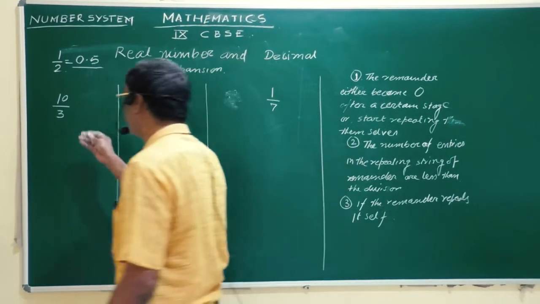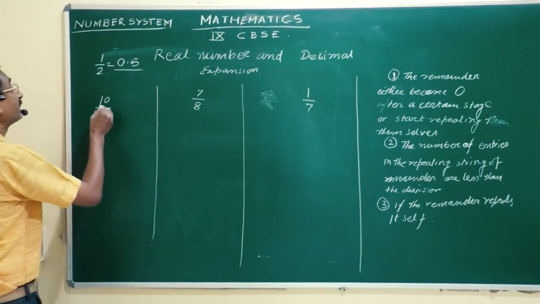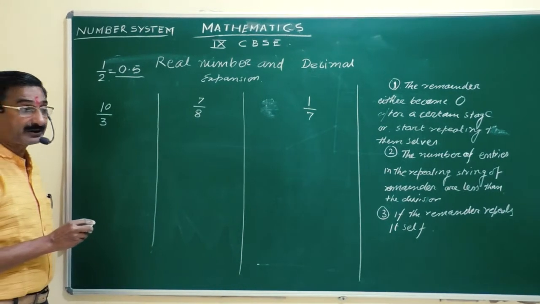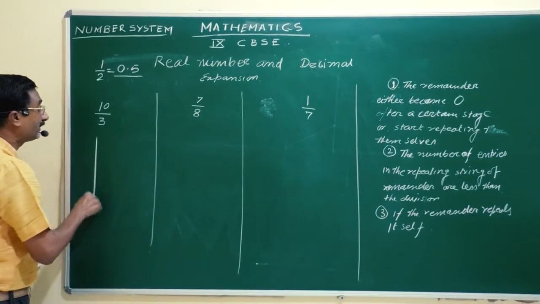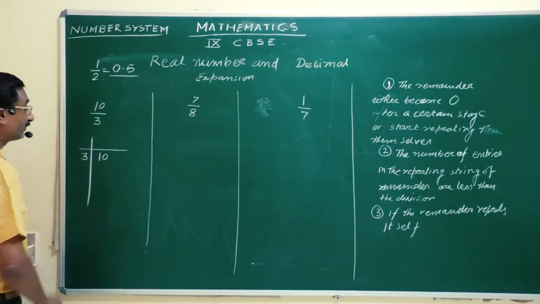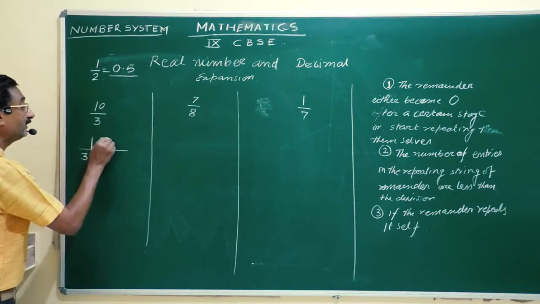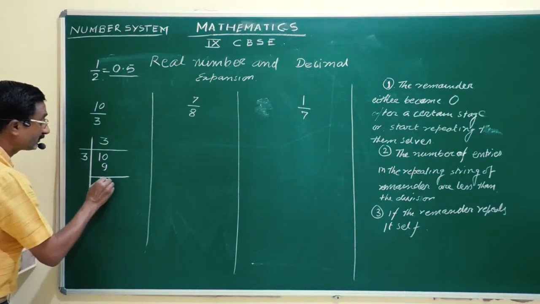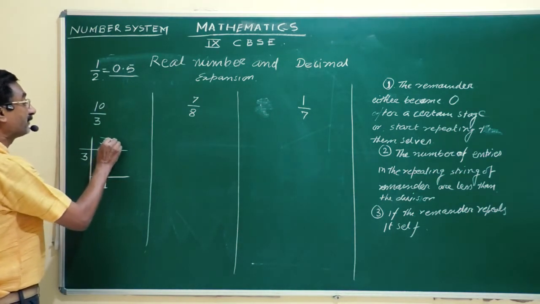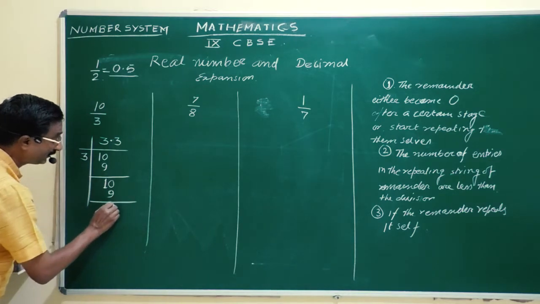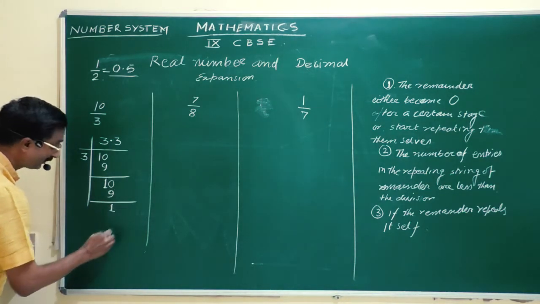So now, first of all, we will expand this value, but in this case the remainder is playing a very important role here. So I will explain. 10 is divided by, or the divisor is 3, so 3 3s are 9. Here the remainder is 1. We will keep decimal here. Here is 0. Again 3 3s are 9. So again here 1 is remainder.